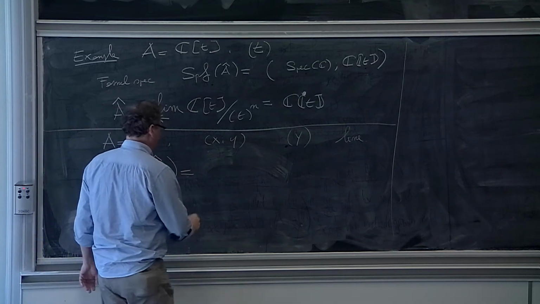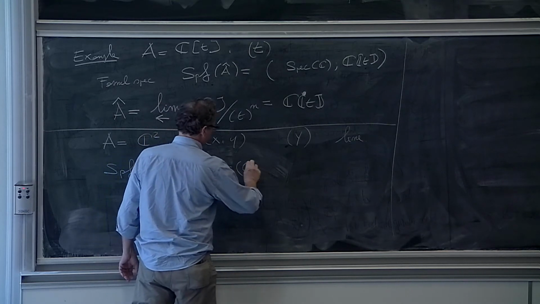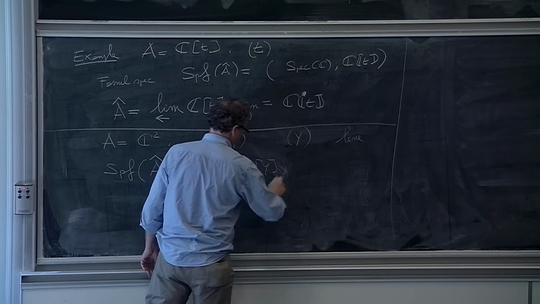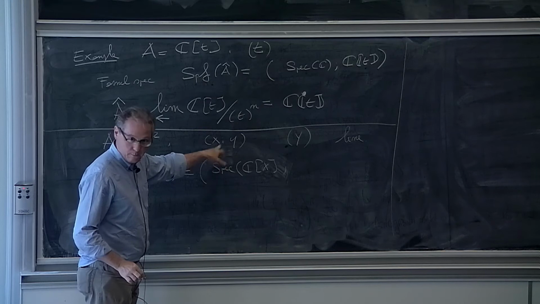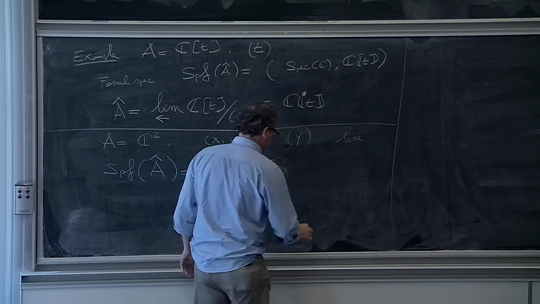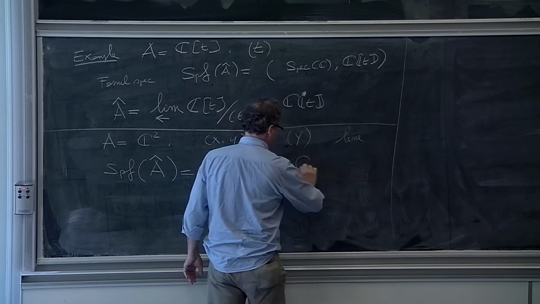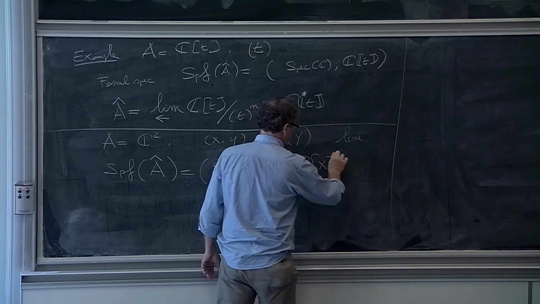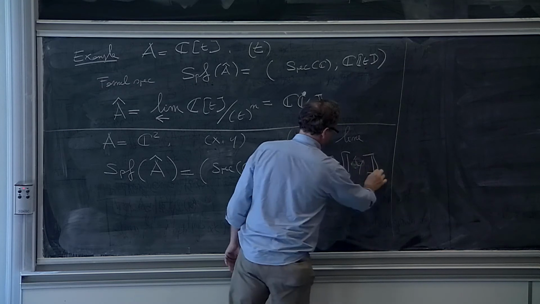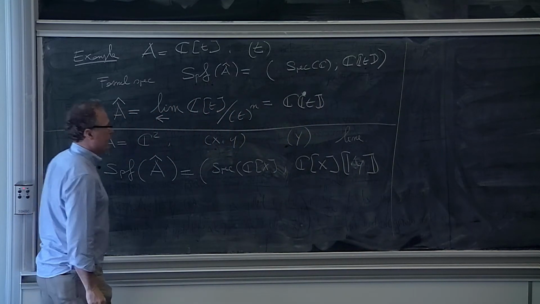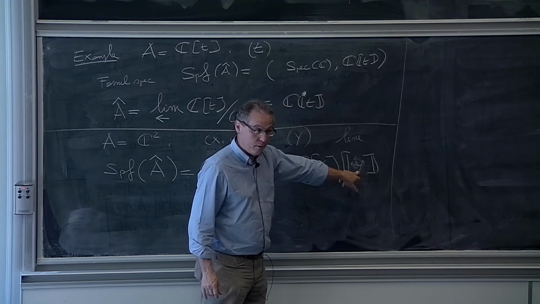This will be Spec of C[x], because I kill y. And as a ring of regular functions it will be C[x], but with formal series along y.